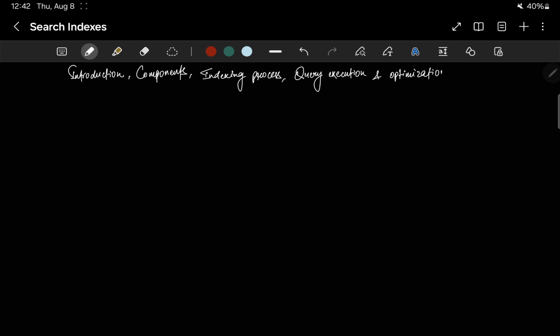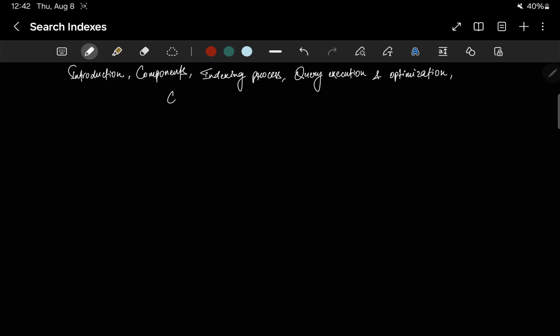Okay. So let's see what structure we are going to follow today. First, we will talk about the introduction to search indexes. Next, we will see what the key components of search indexes are. Next, we will see the indexing process. After that, we will see query execution and optimization.